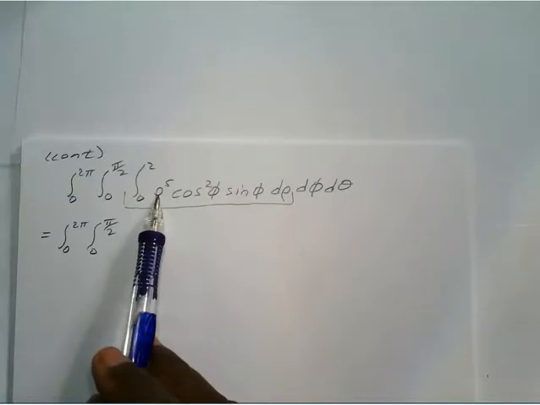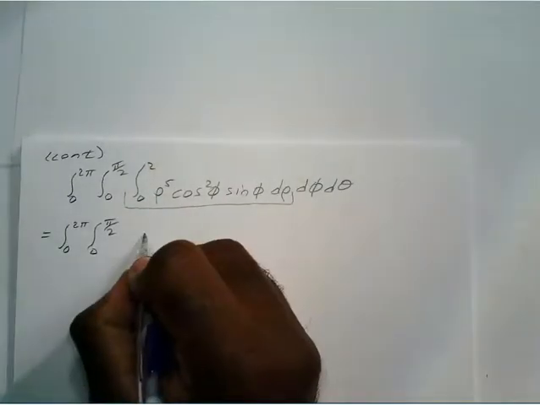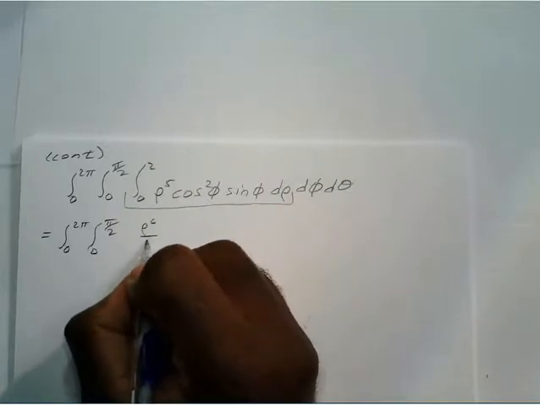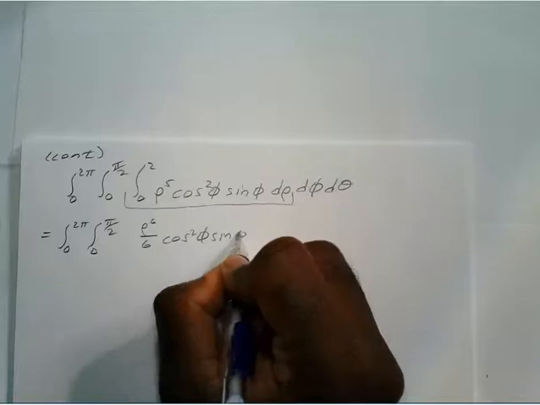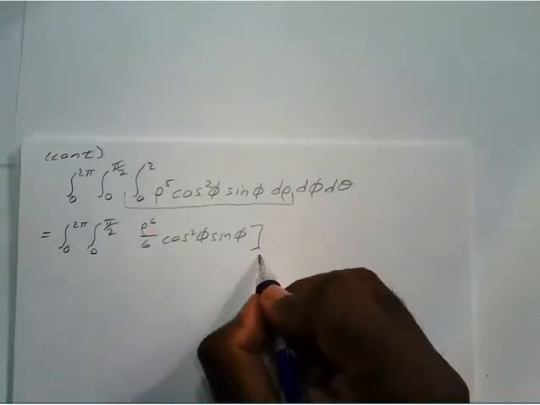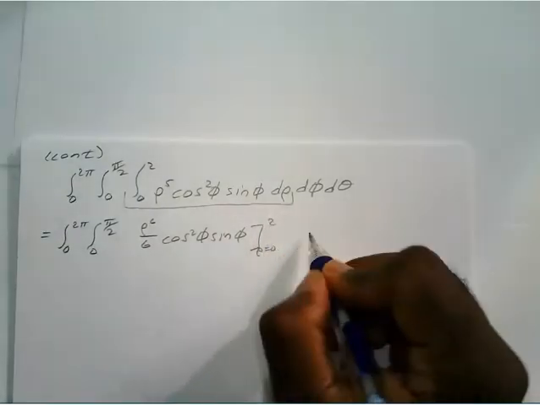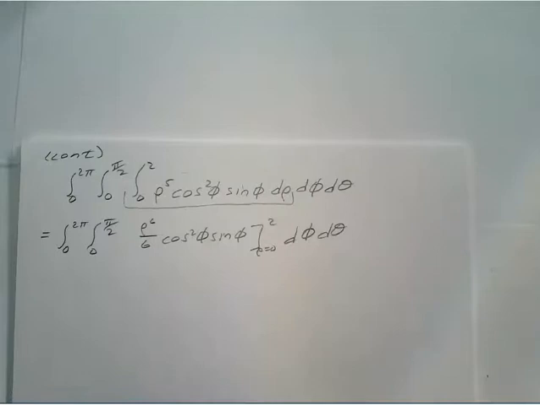So we just integrate the rho, which is rho to the 6th power over 6. So you have rho to the 6th power over 6 cosine squared phi sine of phi. And that's from rho equals 0 to 2, with respect to phi, with respect to theta.